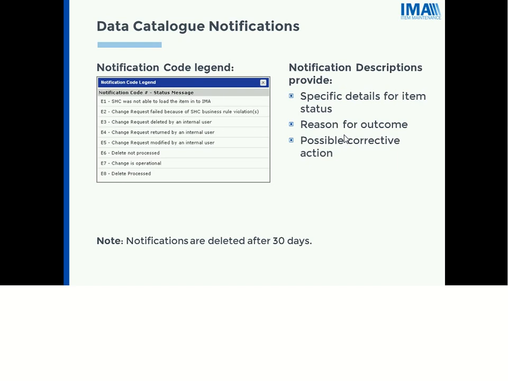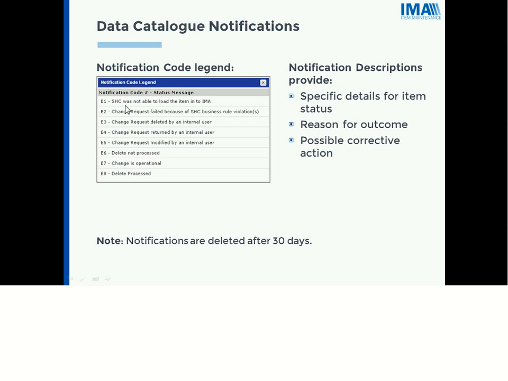They will just be in your task list. Now, if the initial sync for new items is not successful, you will see a notification. So for changes, you will see a notification either way, whether it's successful or it's not successful.